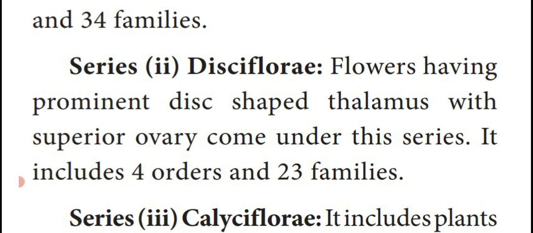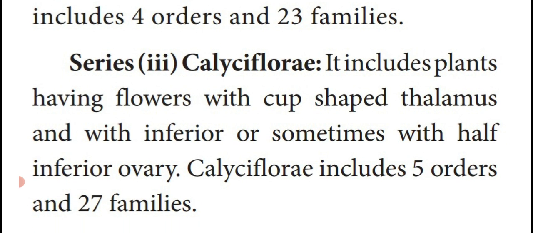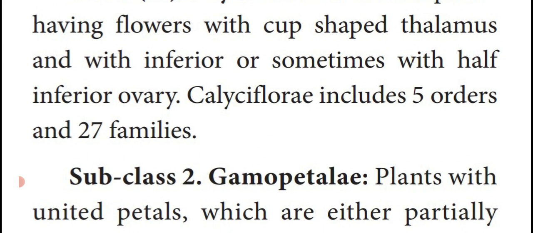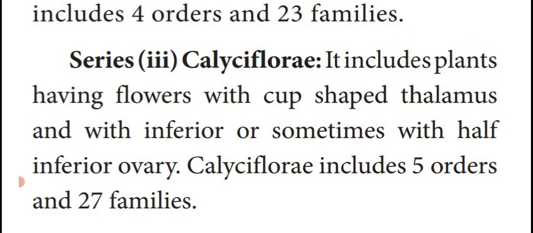It includes 4 orders and 23 families. Third one, series 3, Caliciflorae. Cup-shaped thalamus, inferior ovary, sometimes half inferior ovary. It includes 5 orders and 27 families. Dear students, up to this only we have seen in the previous video class.